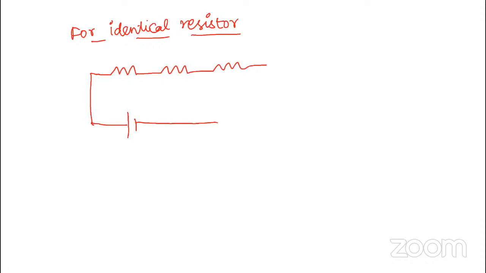Identical means simply the same. So here each is 5 ohms. When all the resistance values are the same, they will ask what the value of R total is.